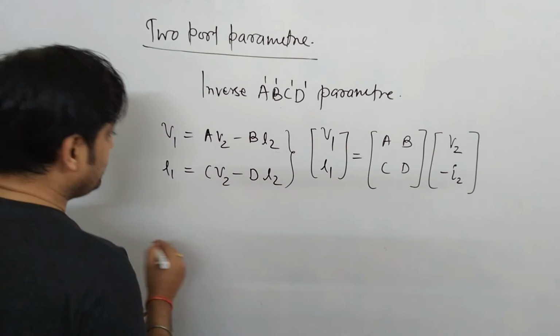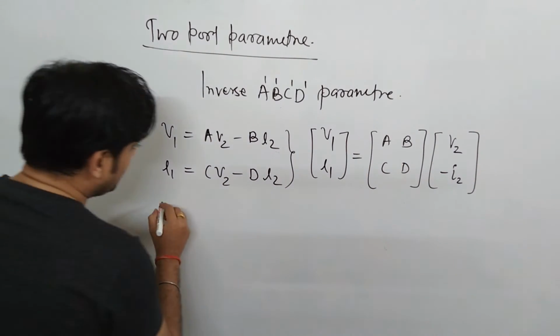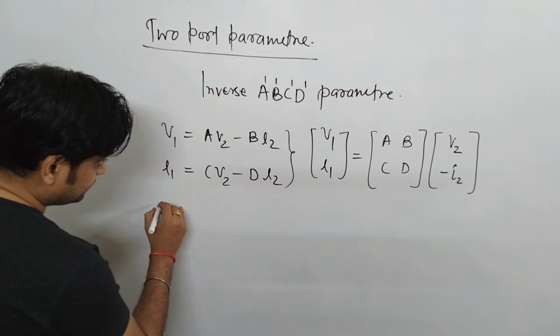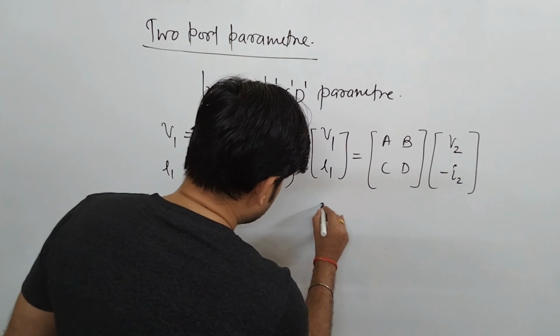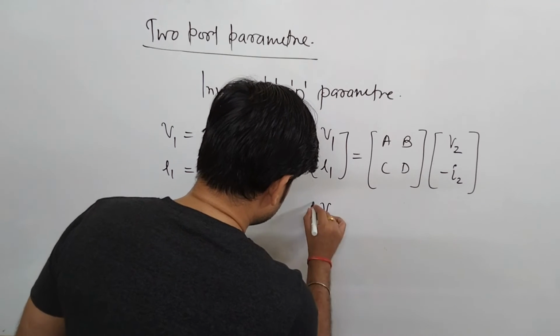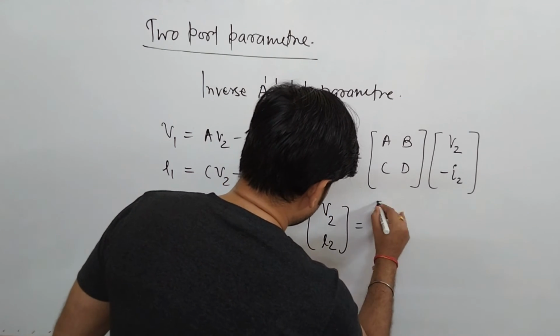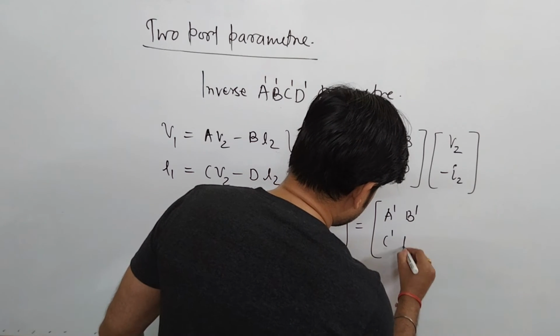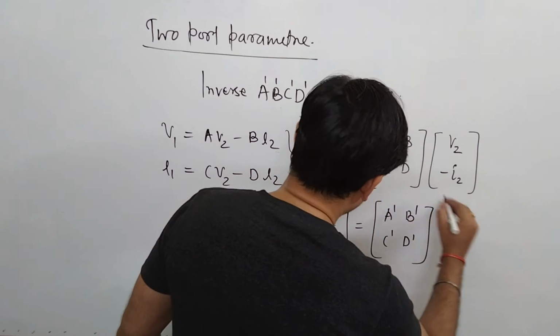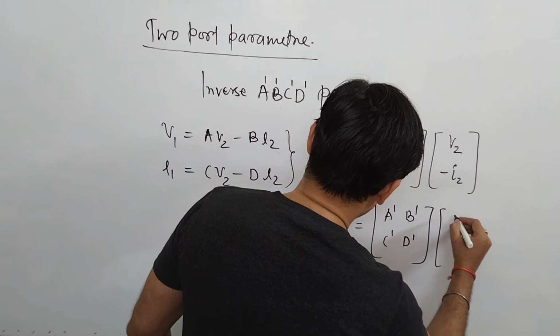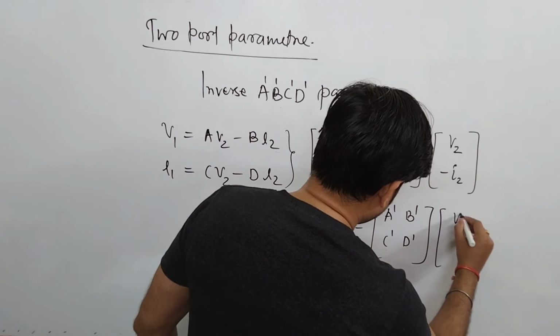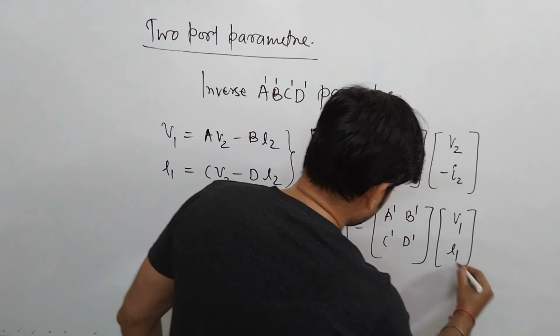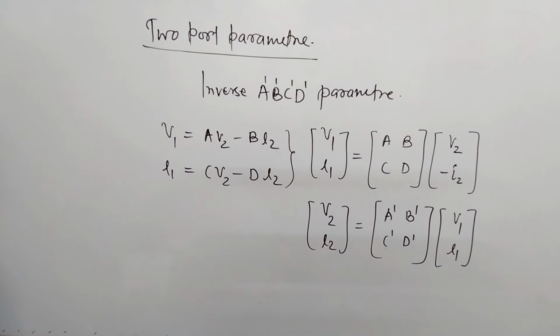Okay, now if you just reverse it, what will it become? It will become V2, I2 is equal to, here now the parameters will become A dash, B dash, C dash and D dash, times V1 and I1.